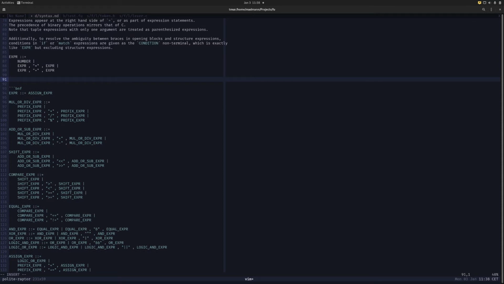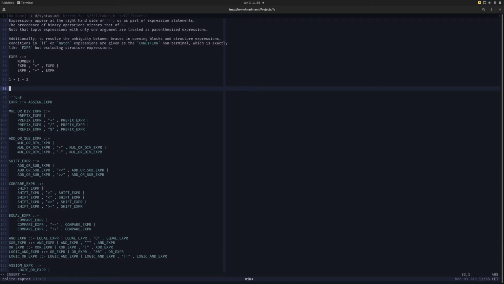So if I define expressions like this, and I have 1 plus 1 multiplied by 2, then I can decide that this is produced by doing something like expression equals expression plus another expression, and then I can say that the expression on the left is a number, so 1 plus another expression.